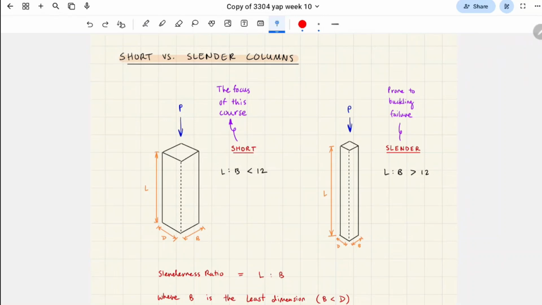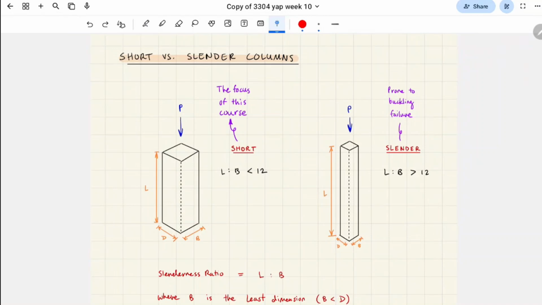Generally the width is denoted by B, so here we call B the least dimension. The slenderness ratio is the ratio between the total length of that column and B. If that's less than 12, that's considered a short column, and if it's greater than 12, that's considered a slender column.